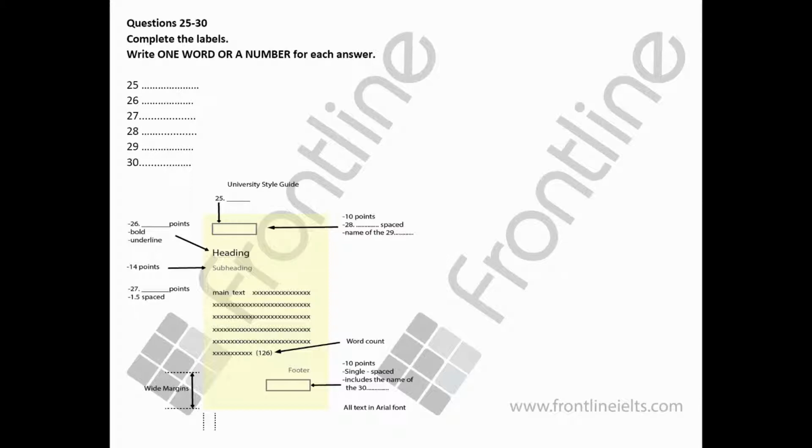And subheadings are 14 points, and the font has to be Arial for everything. Yes, the main text is Arial too, as you said, and the size is 12 points, with the header and footer being slightly smaller at 10 points each. Well, it seems logical. The size of everything is in proportion to its importance. But why do they need the spacing of the main text to be 1.5? The header and footer are different.